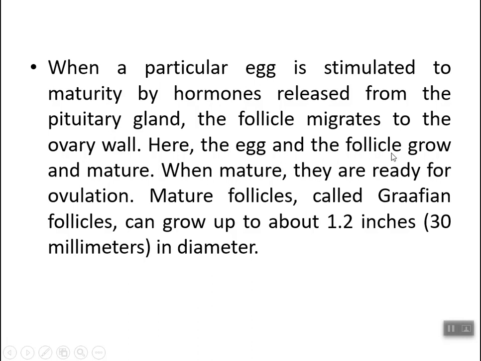Here the egg and the follicle grow, so they both mature. When mature, they are ready for ovulation. The mature follicles are known as Graafian follicles, and we can assess whether a Graafian follicle is mature based on its diameter. The diameter of a mature Graafian follicle is 1.2 inches to 30 millimeters.